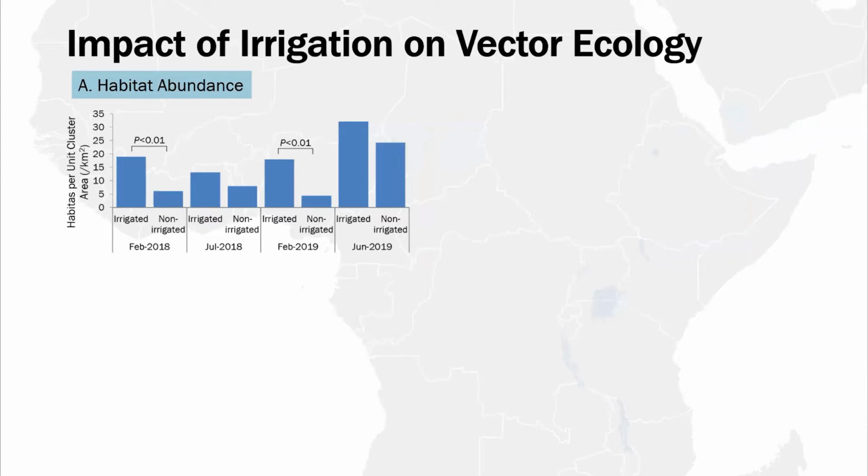From our data, we looked at habitat abundance when we compare these two ecosystems, one being irrigated and the other non-irrigated. When we surveyed these areas, we realized that throughout the seasons, both during the dry and the rain season, the irrigated zones tend to have more habitats than non-irrigated areas.